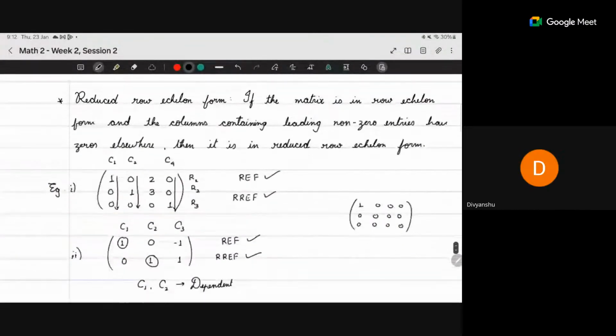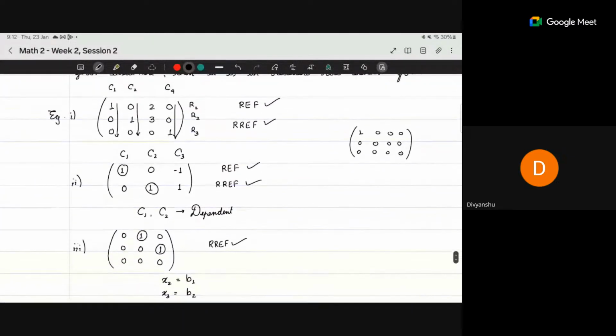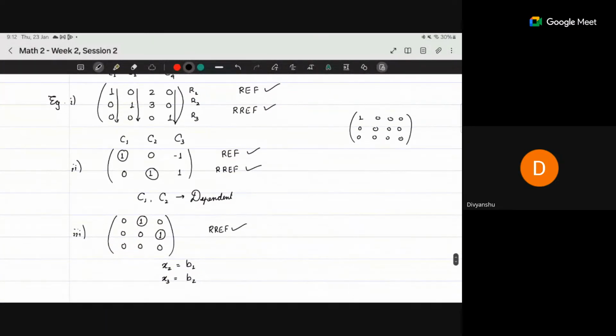Sir, can we interpret something here, like if my matrix is RREF, can I say something about infinite solution, no solution, or unique solution? It would be a unique solution, sir? Not necessarily. Take this for example: x1 minus x3 is equal to b1 and x2 plus x3 is equal to b2.